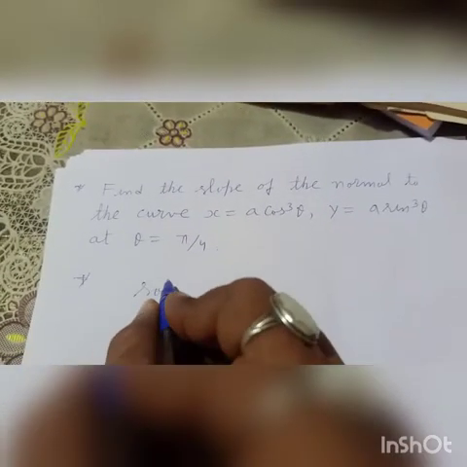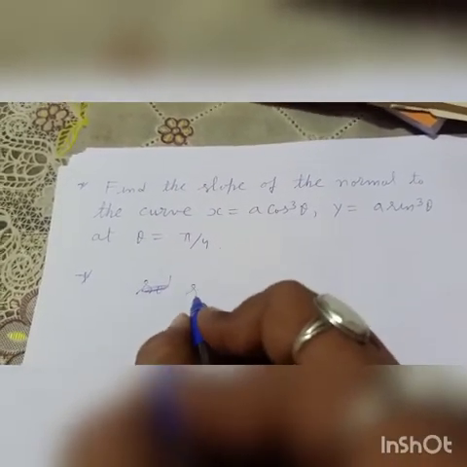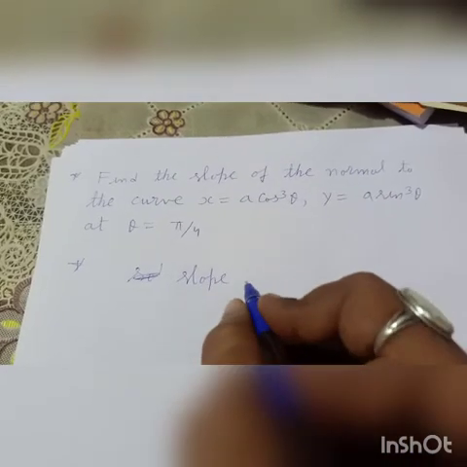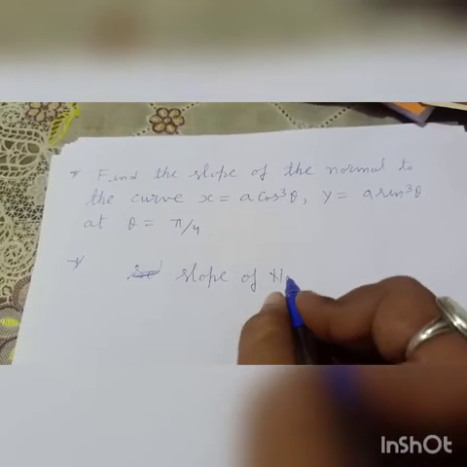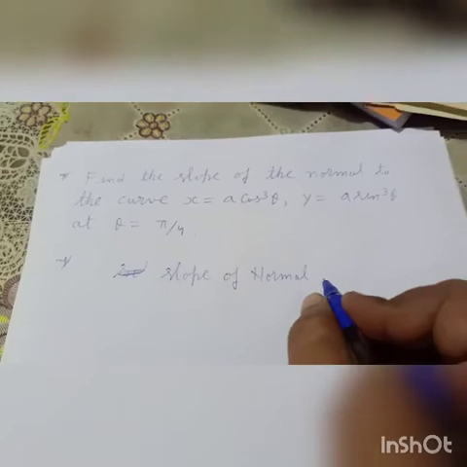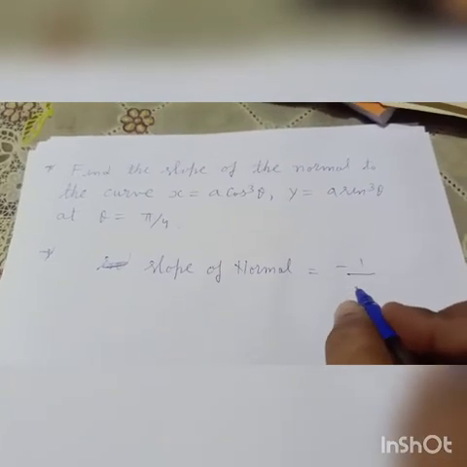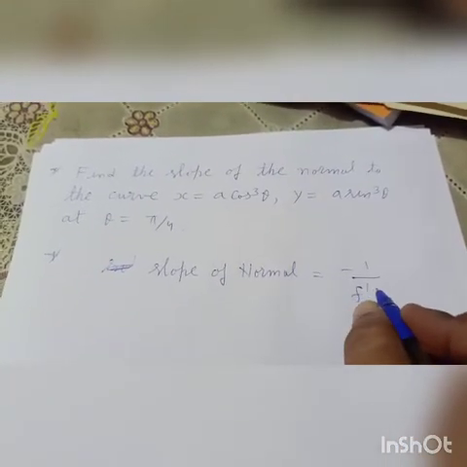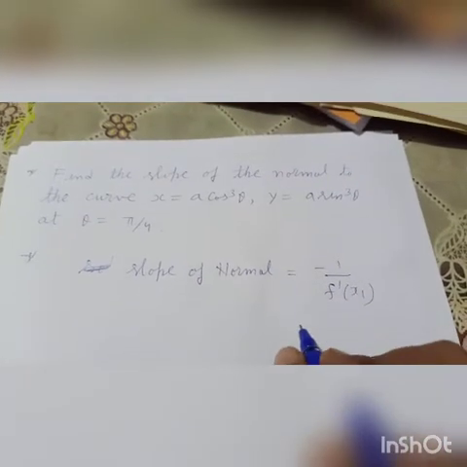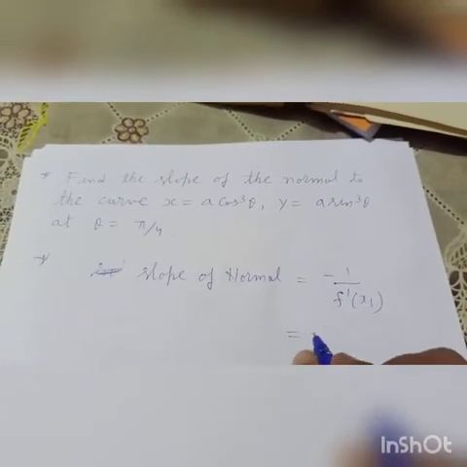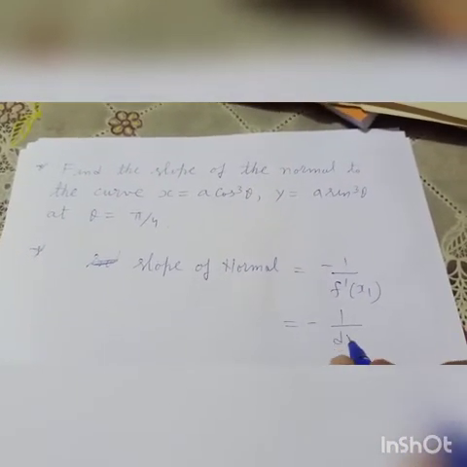Now we know that the slope of the normal is equal to minus 1 by f dash x1, or we can also say this equals minus 1 upon dy by dx.